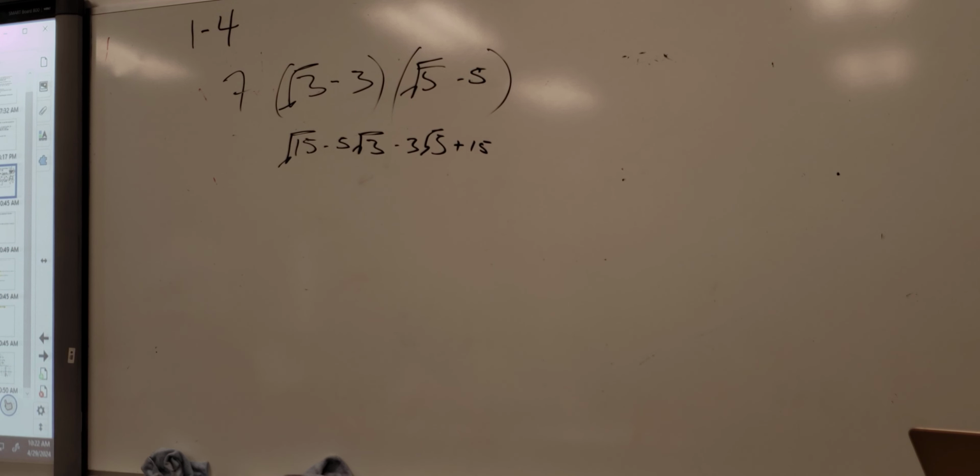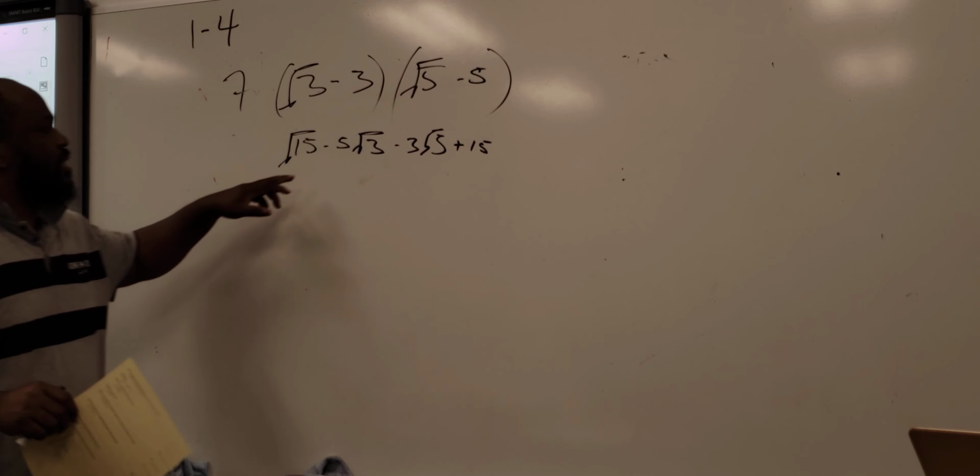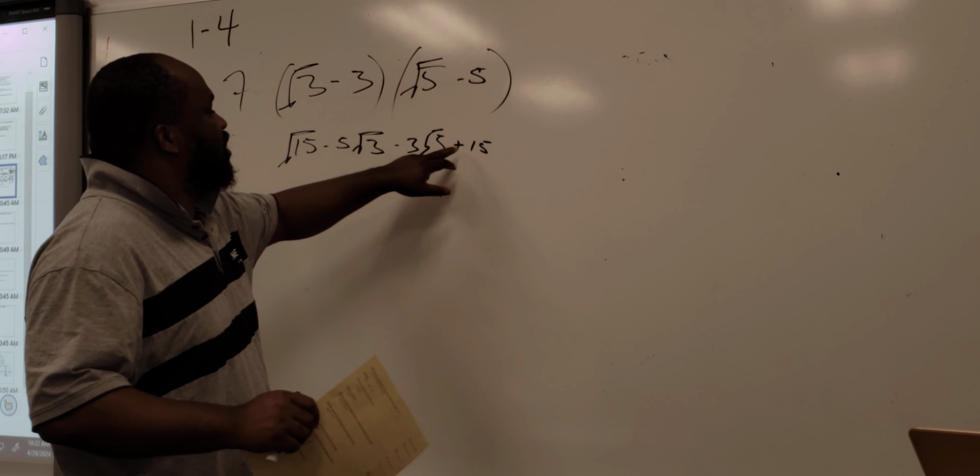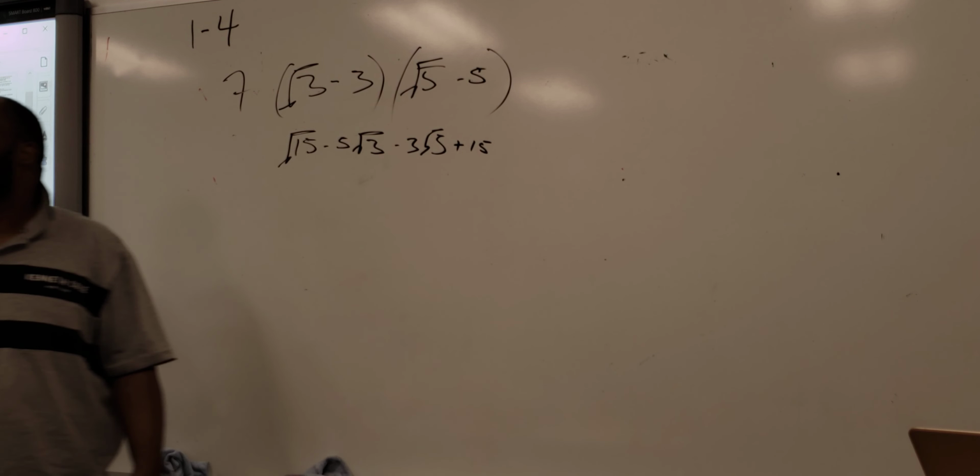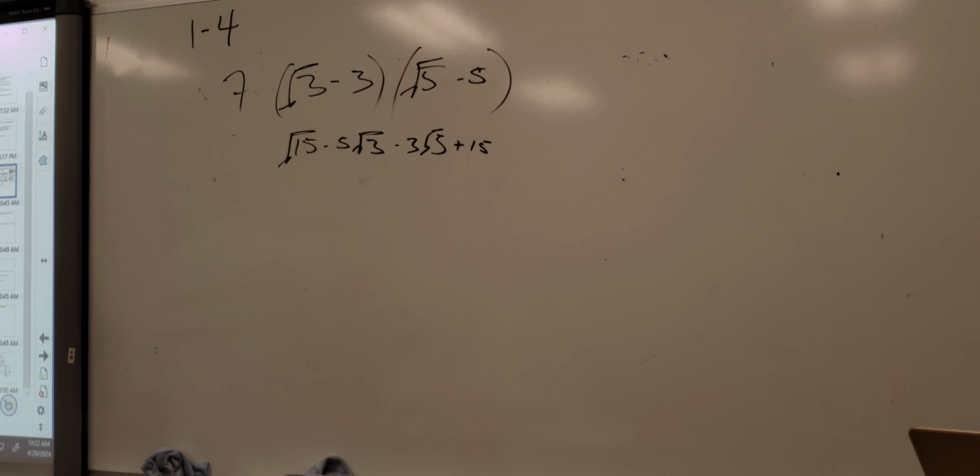Neg 3 times neg 5 is 15. Put it all in this order. Okay. You're doing FOIL, right? Do you have plus signs between all those or times? This is minus, this is minus, this is plus. Okay. From back here, it looks like a times sign.